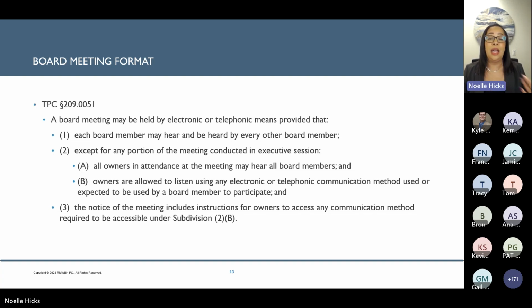Or if we're using Zoom, then we have to provide the link or the meeting ID and the password. Everyone has to have that information for it to be considered a formal board meeting, electronic or telephonic. And there could be potential implications or liability if the notice that goes out doesn't have the proper information on it.